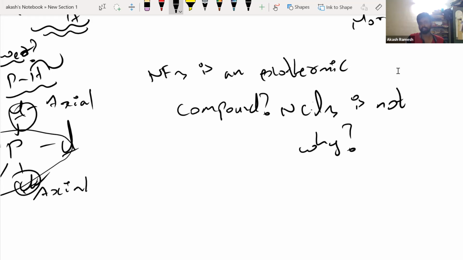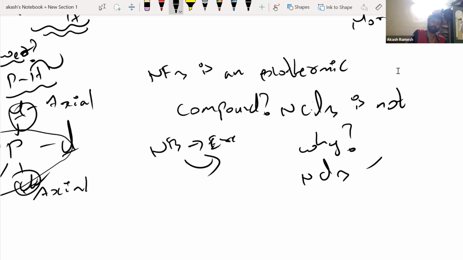If you're wondering what is meant by an exothermic compound: when NF3 is formed, energy is released, whereas when NCl3 is formed, energy is absorbed. That is what you mean by an exothermic and endothermic compound.